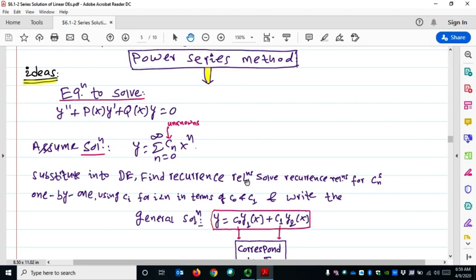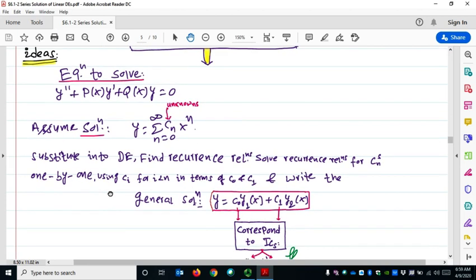Recurrence relation means the relations among the coefficients of the power series. Then solve the recurrence relations for the c_n's one by one, for all indices less than n, in terms of c0 and c1, and write the general solution in this form: y equals c0 times one solution y1(x) plus c1 times another solution y2(x).